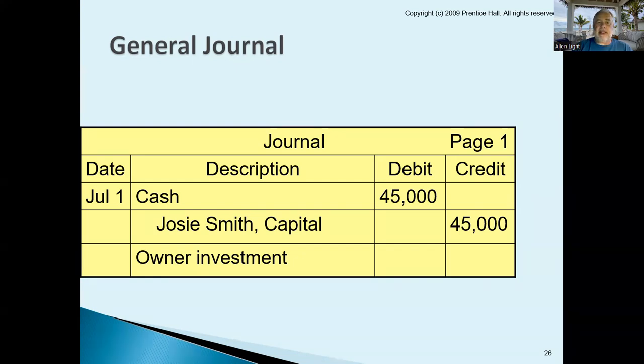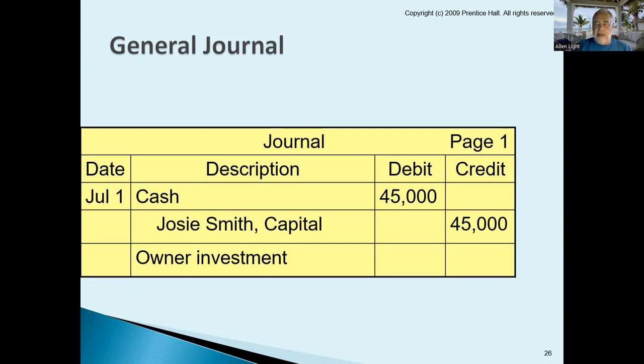Debits and credits in a transaction have to equal. If the numbers don't equal, you've made a mistake. You've got to go back and look at it again and correct it, okay? Now, if I had 2 or 3 debits and 2 or 3 credits, I add up all the debits, I add up all the credits, they need to equal. The numbers don't have to be the same, but the totals have to equal. And think about it for a minute.